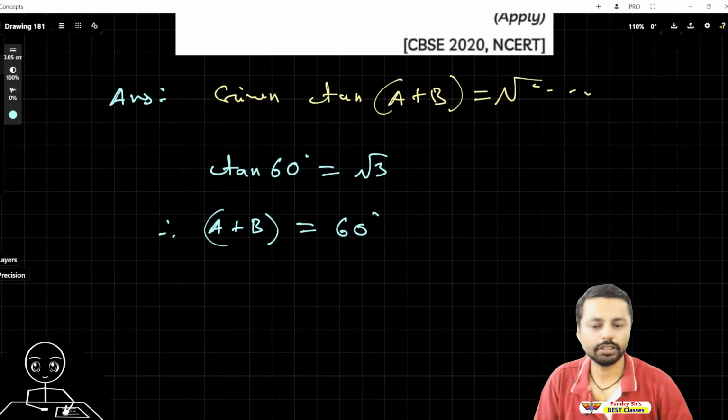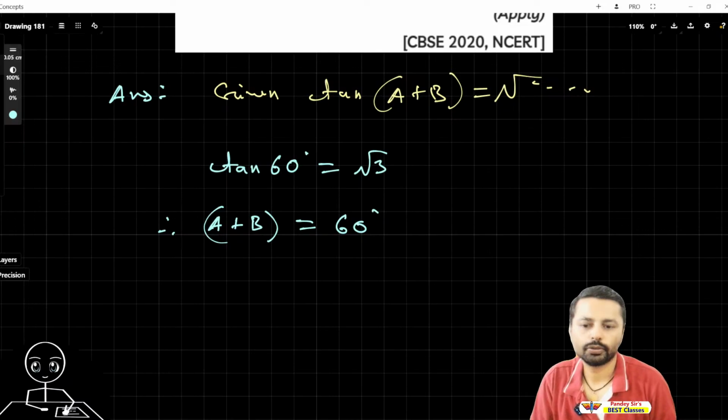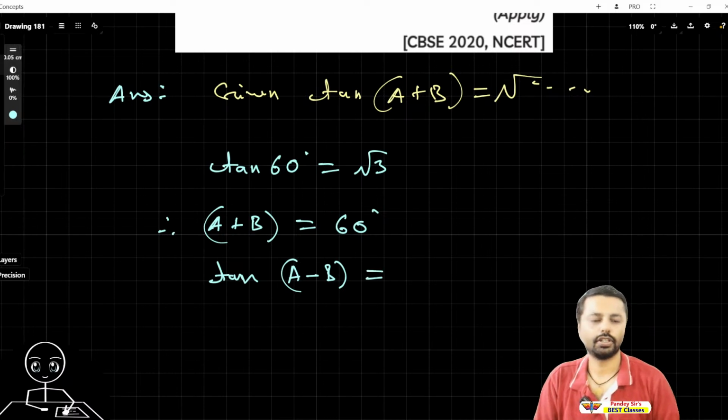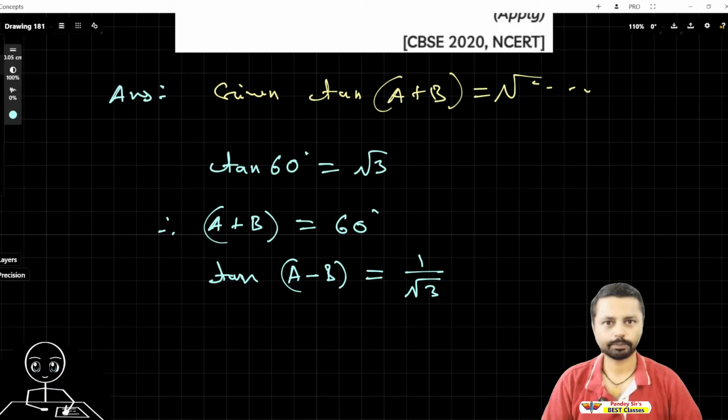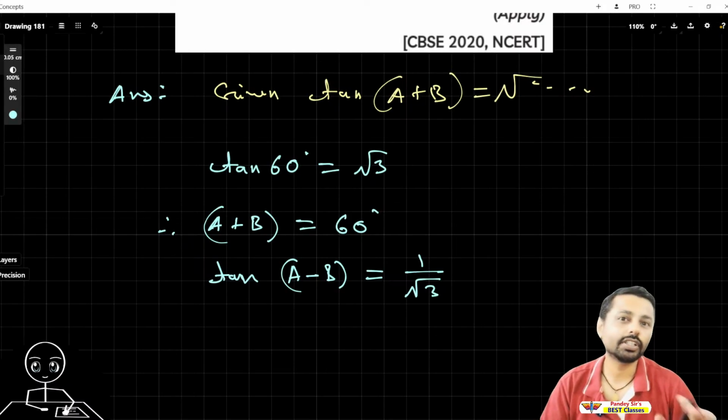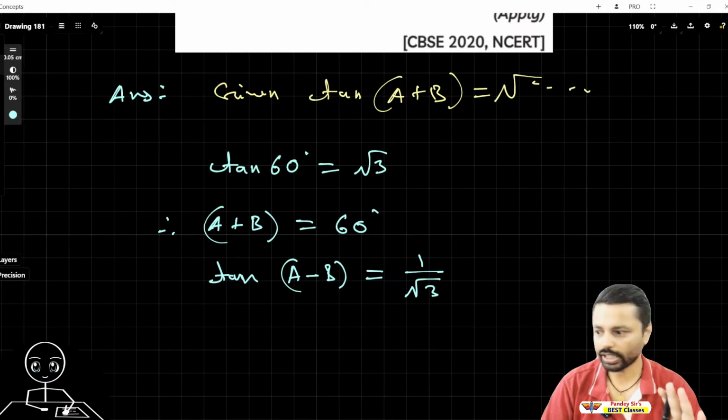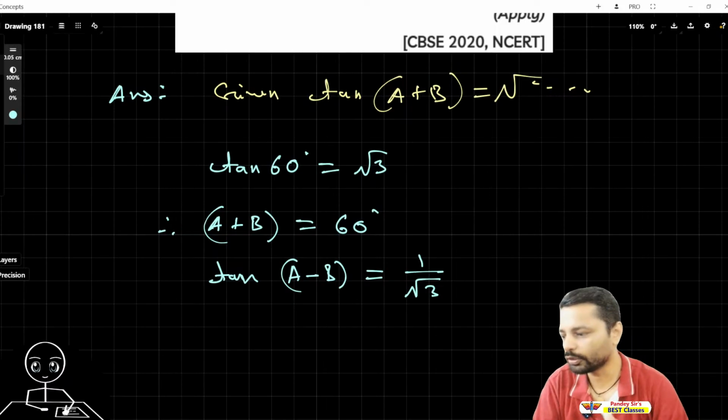Similarly, tan(A minus B) equal to 1 by root 3. Okay, if you are understanding, that's nice, but if you are not understanding, don't just keep on seeing what sir is doing. Ask me doubt. I'm seeing the comments and I'm ready.